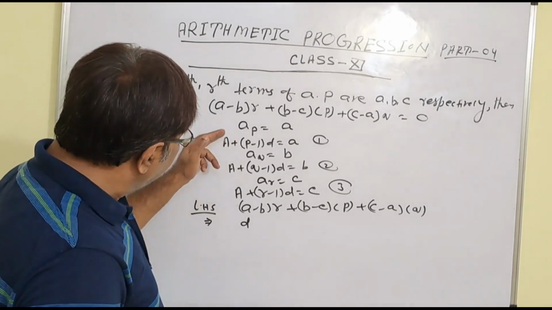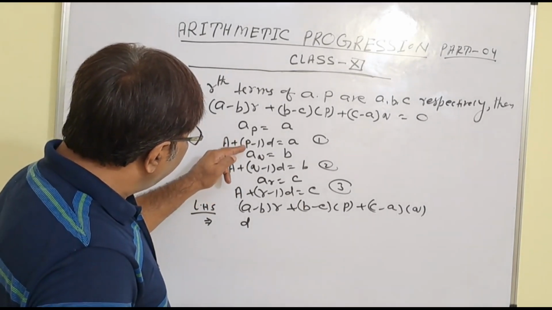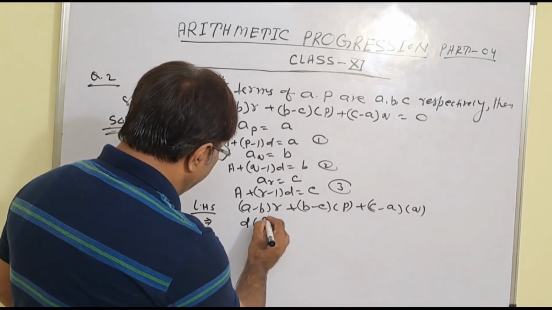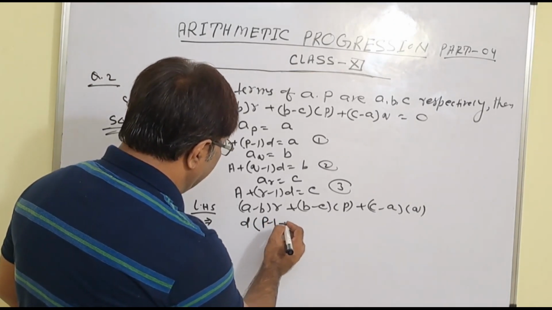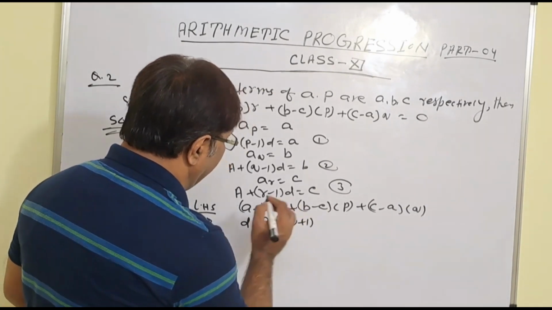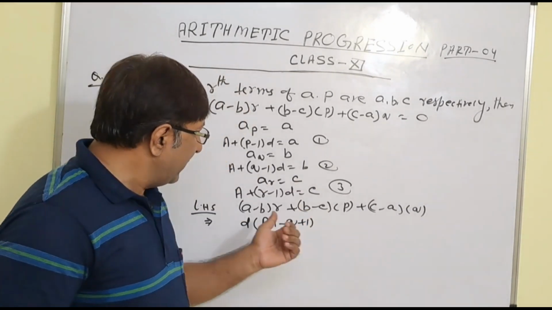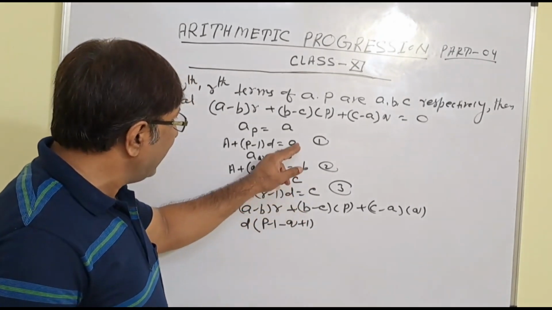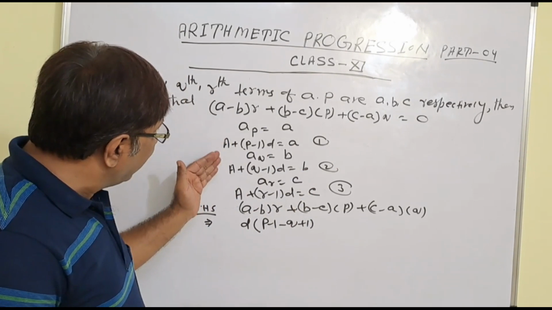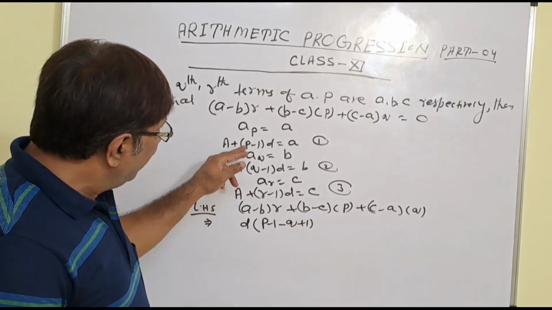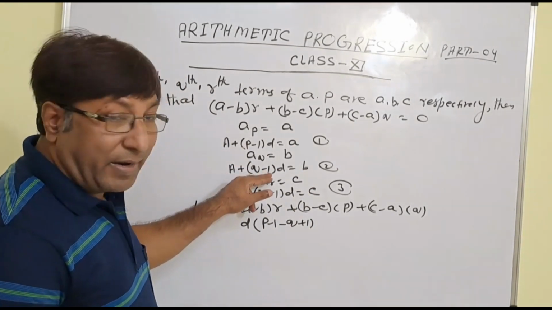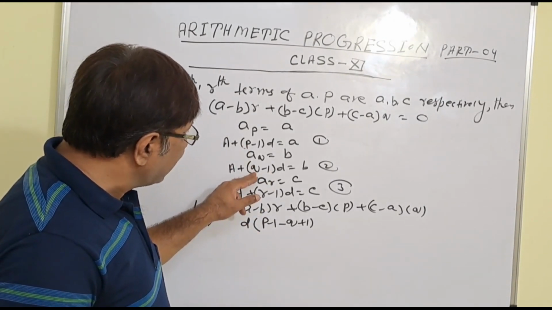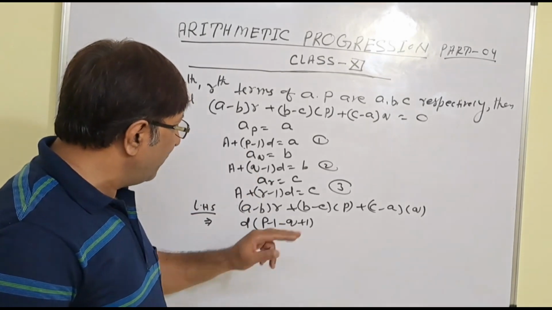This minus this, so A minus A cancels out, and D is taken common. So (P minus 1) minus (Q minus 1), which is minus Q plus 1. Understood now?